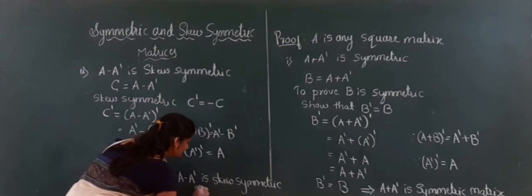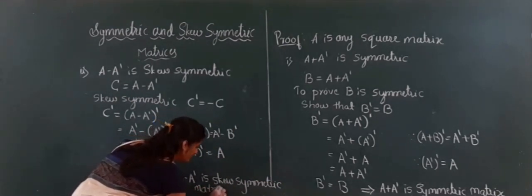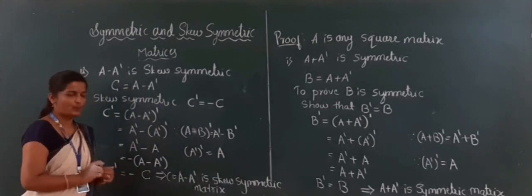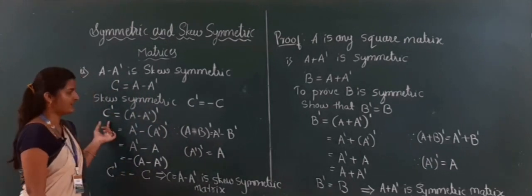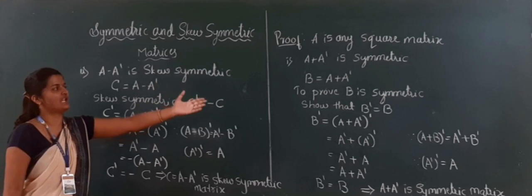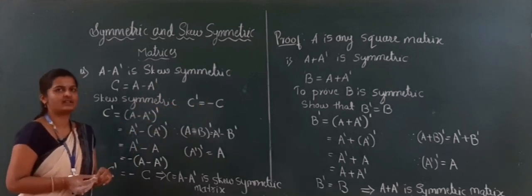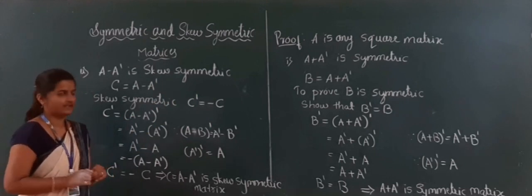With this, we have completed our proof. Just consider one matrix and prove that B dash is equal to B for symmetric, and C dash is equal to minus C for skew symmetric matrix.